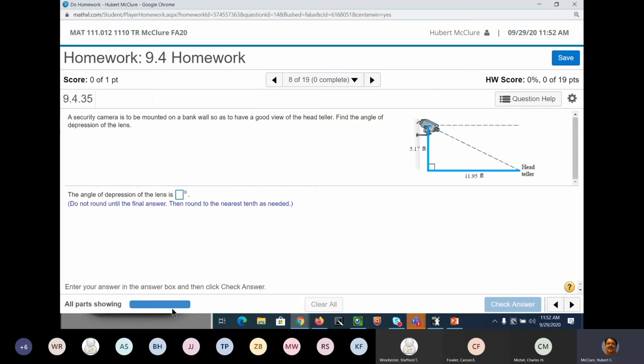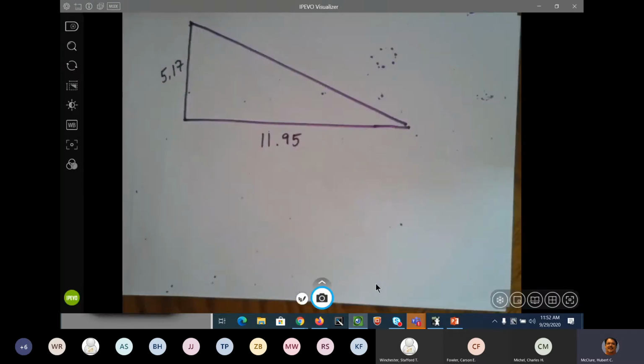Find the angle. Now, the first thing I'm going to do is my hypotenuse, because I may not want to do the same as Mr. Wexler wants to do. In other words, Mr. Wexler may want to use tangent. Well, I don't want to use tangent because that's the opposite over the adjacent. I want to use the hypotenuse. I want to use the sine.